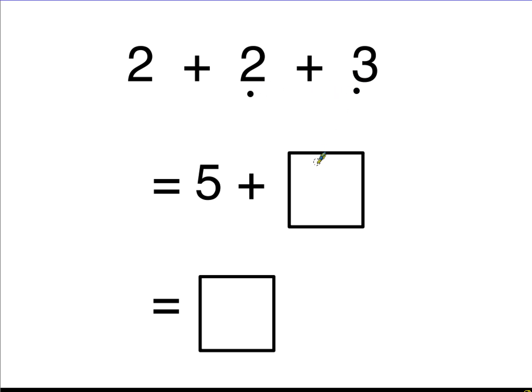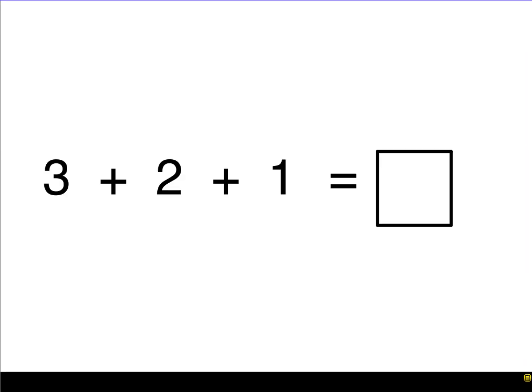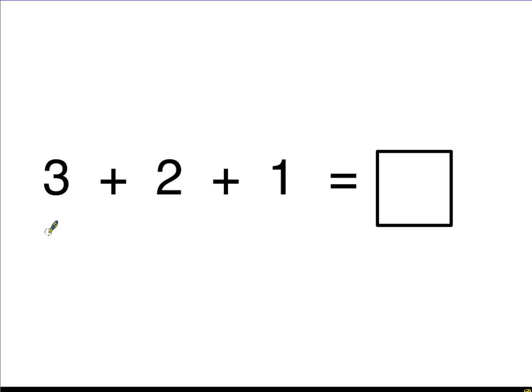Two and 3 make 5. 2 left over. 5 plus 2, 7. Now can you do it without the extra step? Same thing. 3 and 2 is 5, plus 1 more is 6.